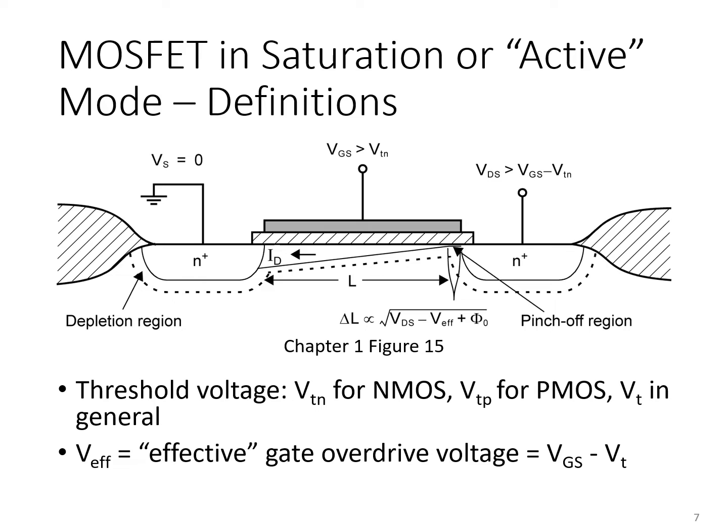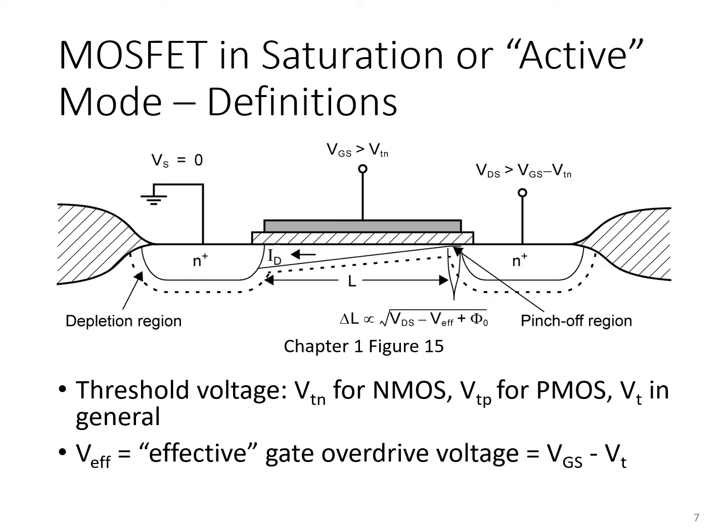V effective, or the so-called effective gate source voltage, refers to the amount by which the gate source voltage exceeds the threshold voltage. It's best to think of this in absolute terms so that there's not confusion when it comes to PMOS devices, which, in a typical scenario, have a negative threshold voltage, strictly speaking.